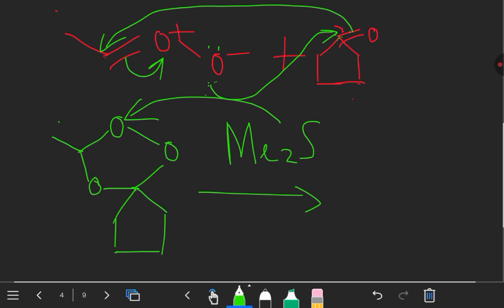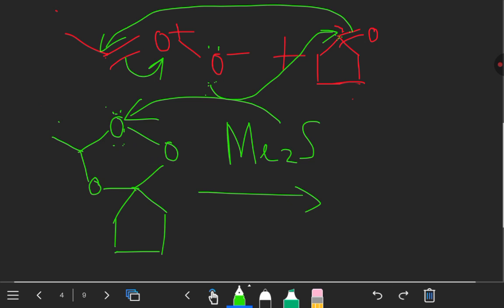When this methyl sulfide grabs this oxygen, we know that this oxygen has some lone pairs of electrons. So these lone pairs of electrons can now be donated to this.